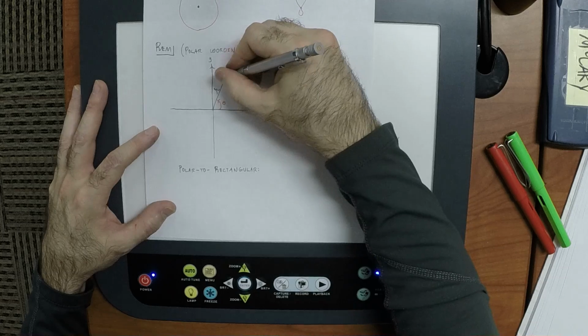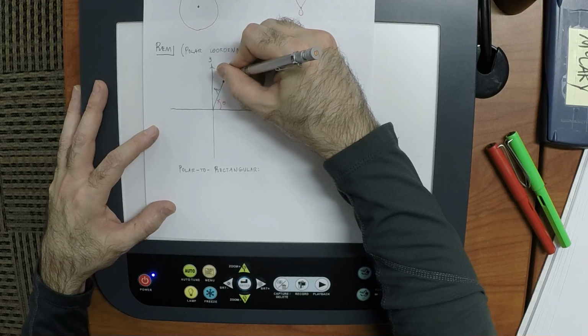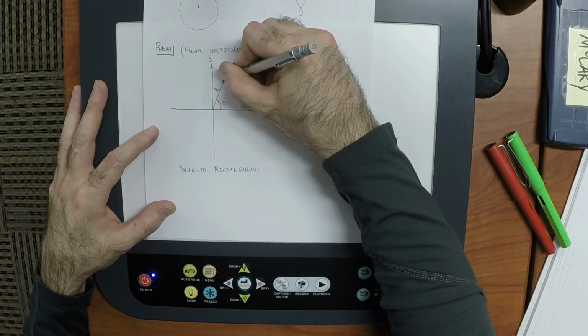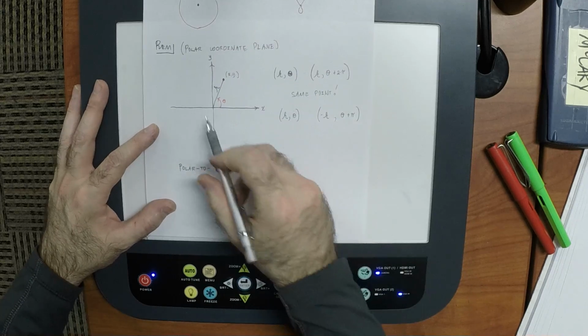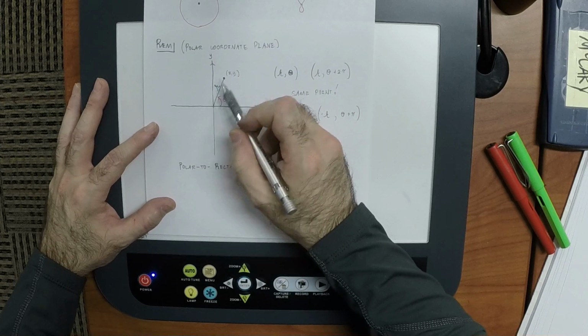If this is some point in rectangular coordinates x, y, then using trigonometry you can figure out the horizontal coordinate.